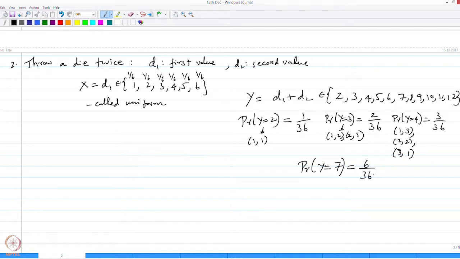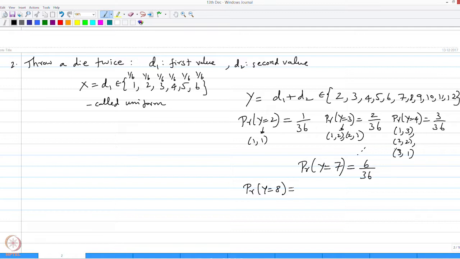So, 7 will be 1 comma 6, 2 comma 5, 3 comma 4, 4 comma 3, 5 comma 2 and then 6 comma 1. The first toss can be any one of 6 possibilities and then the other toss will be fixed by the first toss. So, you get 6 by 36. Likewise it will go 1 by 36, 2 by 36, 3 by 36 all the way to 6 by 36.